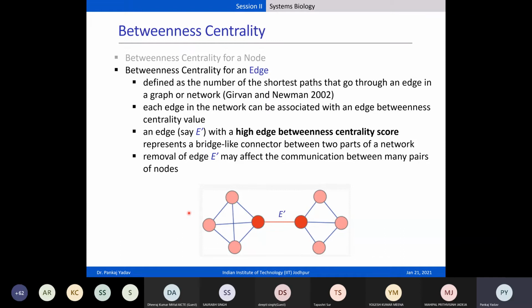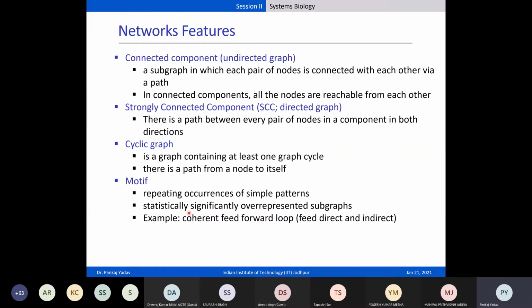So we only have one subgraph, or sorry, not subgraph, but a connected component. In a connected component, all the nodes are reachable from each other.